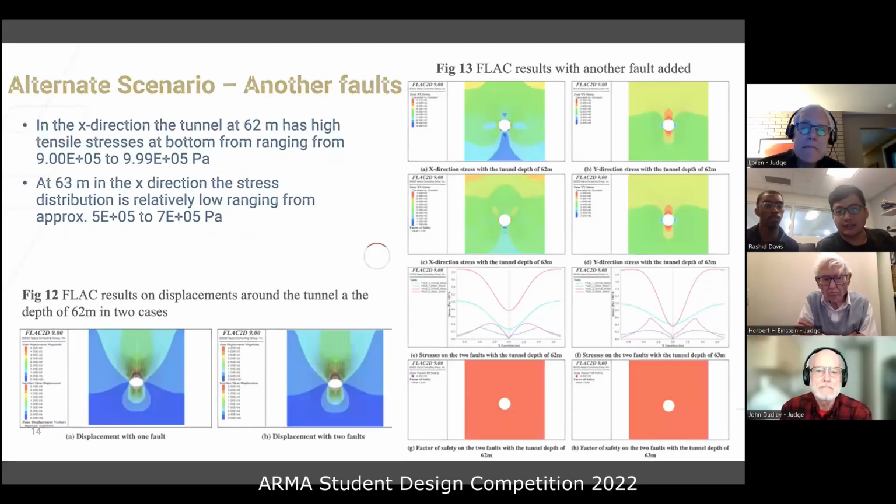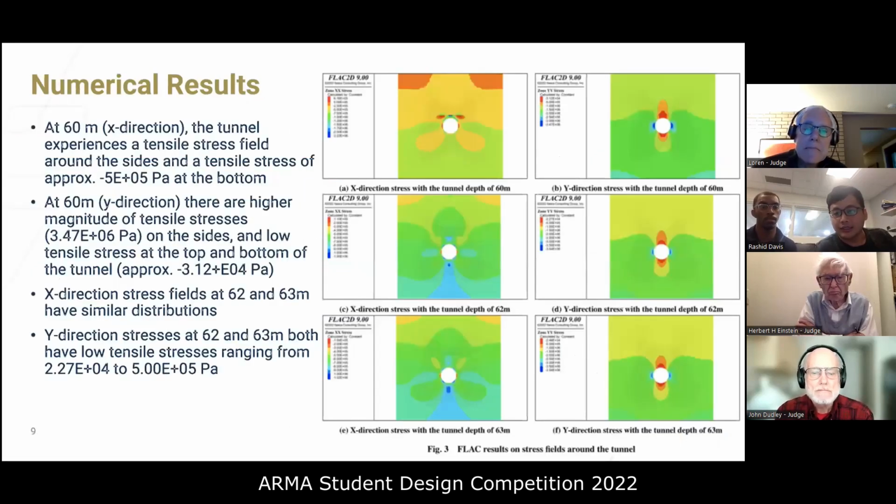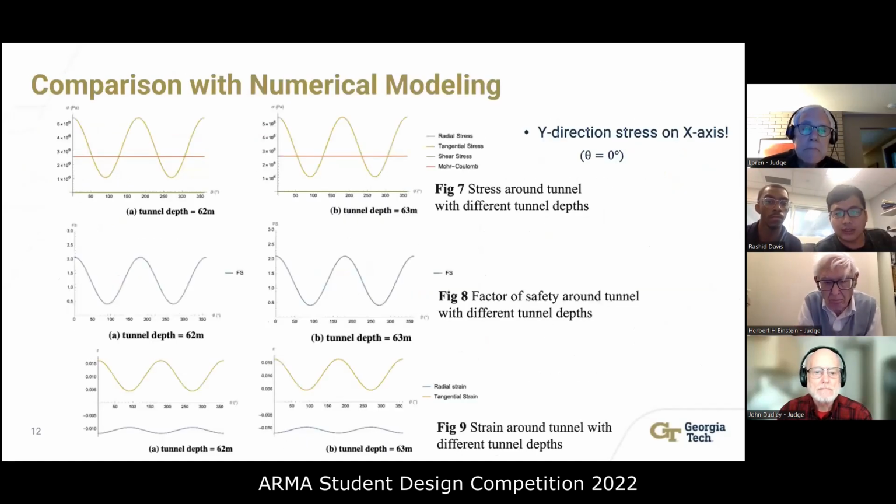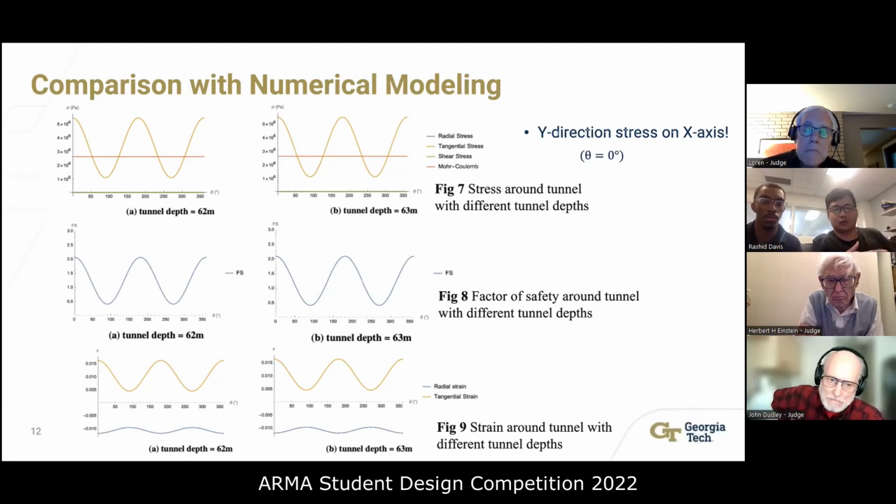So we said that at the terminal depth, let me find the slides here. So we check if the rock will fail around the tunnel. Around the tunnel, there's no radial stress, and we use the Mohr-Coulomb criterion to see if the rock will fail at this depth. We realize that this overburden stress is too high for this weak zone.